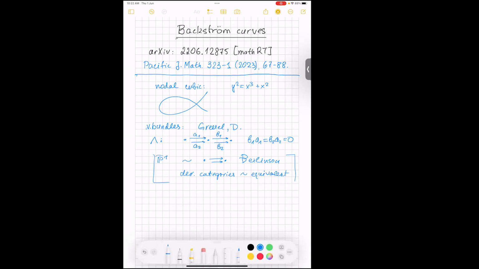But this explanation doesn't work in our case for a very simple reason, namely the global dimension of this algebra is 2, and the global dimension of the sheaf of regular functions on X is infinity. So derived categories cannot be equivalent.